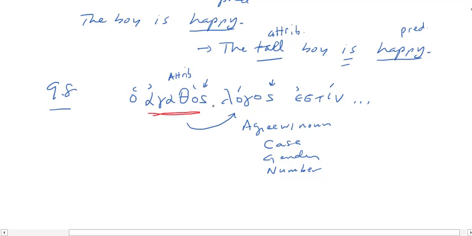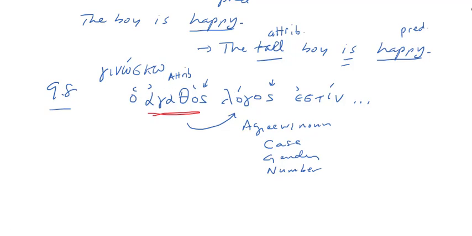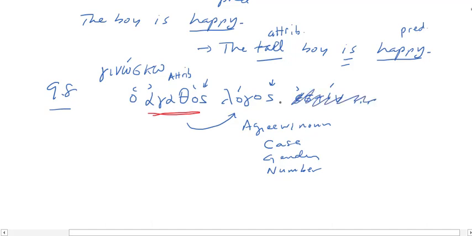Now, the examples we're using, of course, are of the attributive adjective with a noun that happens to be the subject. Doesn't have to be that way, though. I could say something like genosko. Does anybody know what genosko means? I know. And then I can just get rid of the estin here and stop my sentence here. I know the good word.